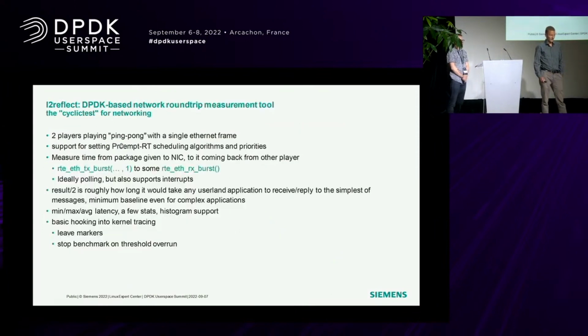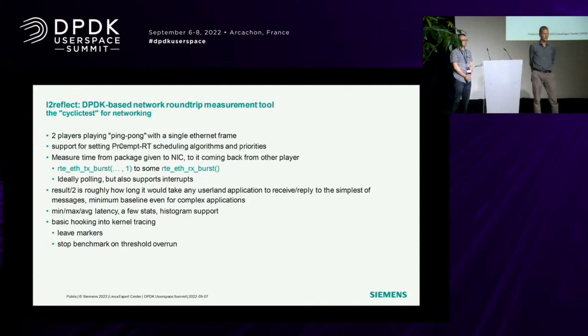So how do we actually measure this, and what is this L2 reflect? It's, as I said, an application that bounces a packet back and forth in a ping-pong manner with 2 players. It supports PREEMPT_RT, setting scheduling parameters and priorities, and we measure in each of the 2 players how long the packet is on its way.